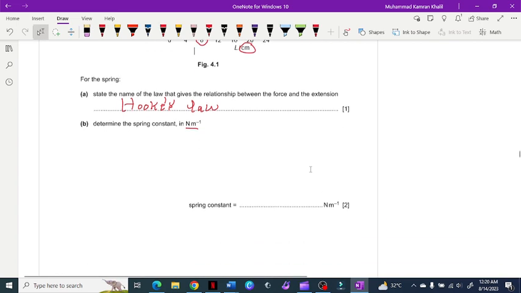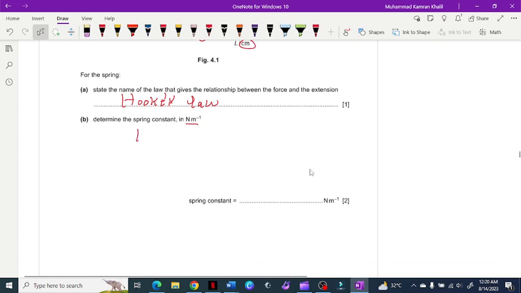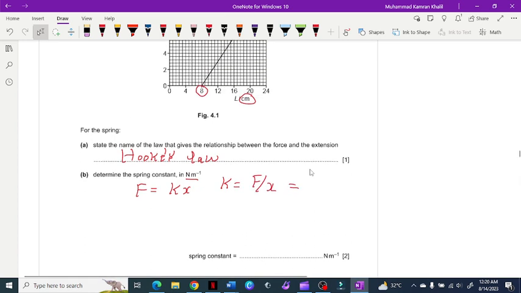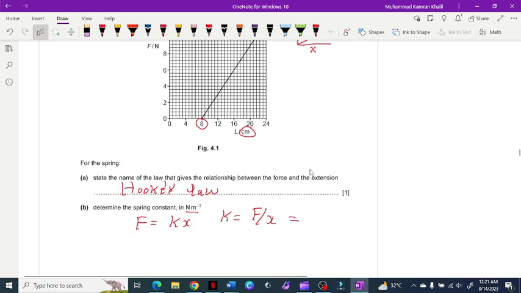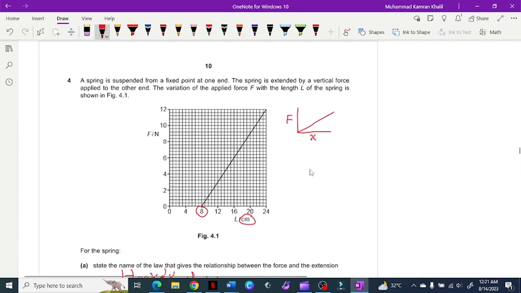Now we want to calculate the spring constant. The formula for the spring constant is F equal to kx, where x is the extension. So make k the subject, that is equal to F over x. The value of force which we will take is 12. Now what is the change? For 12 the length is 24, and the other value is 8.